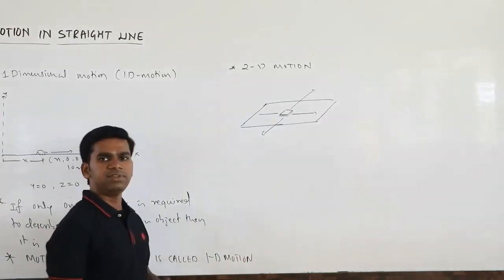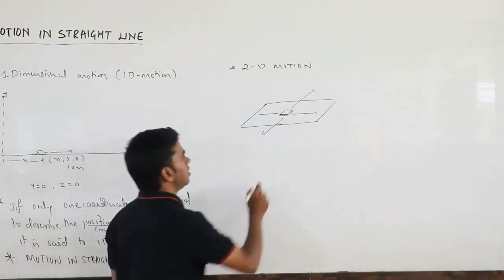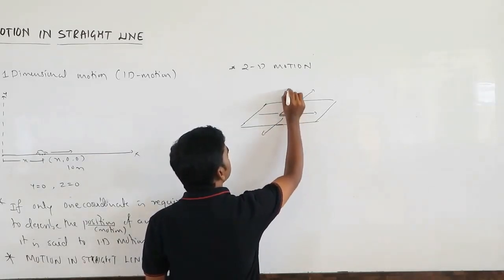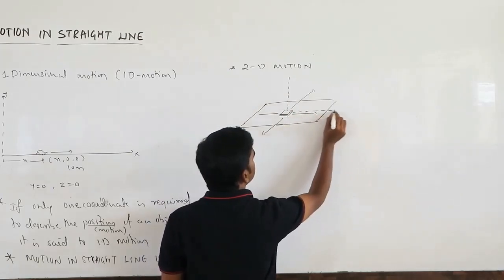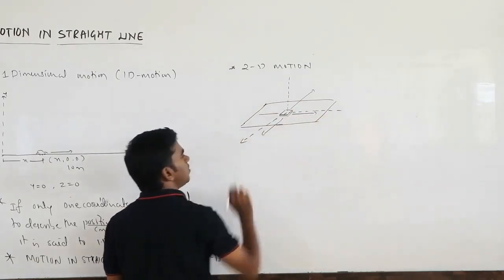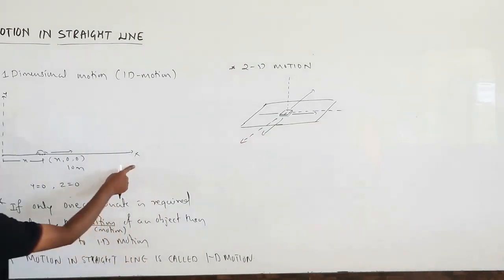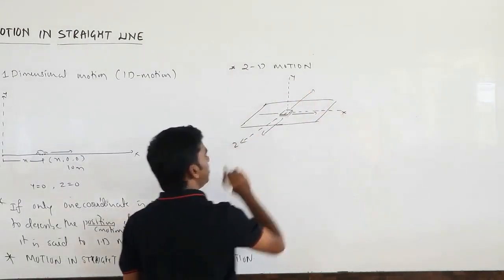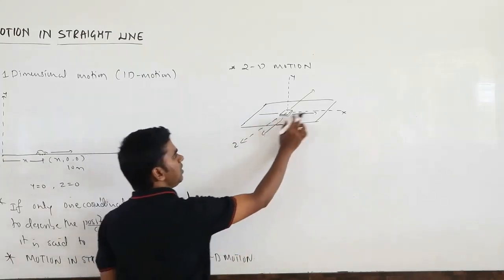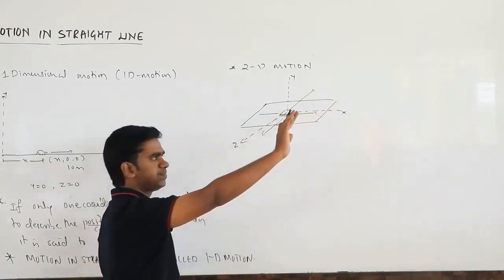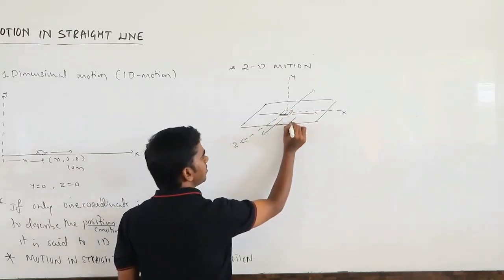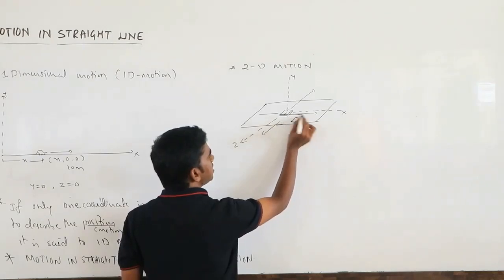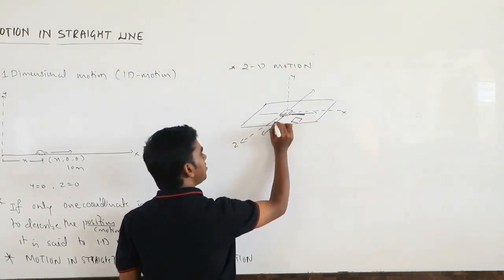If you consider a set of coordinates, suppose these are the axes X, Y, Z. Now suppose the book moves in this direction, X will change. Suppose the book comes here. It moves this much X distance and this much Z distance.